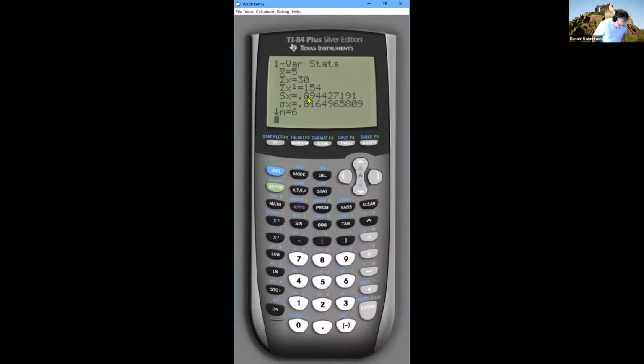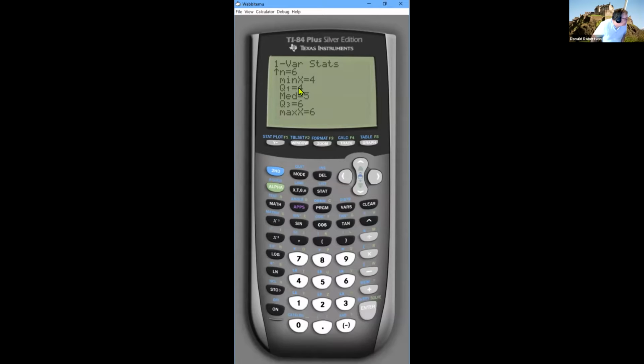And the standard deviation this time is roughly 0.89. And the range, well, I have to scroll down to get the range and the interquartile range because you get them from here.